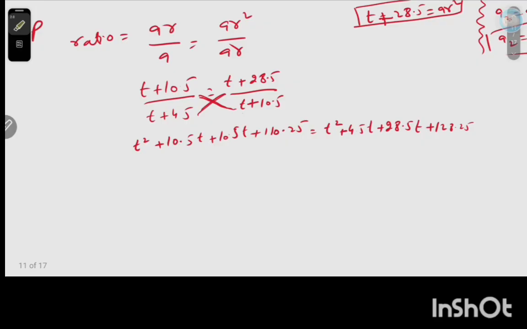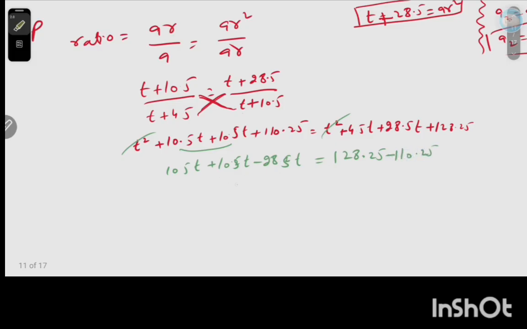All these terms cancel, and we have to solve the rest. All the t terms will go to one side: 10.5t plus 10.5t minus 28.5t minus 4.5t, and similarly the constants, 128.25 minus 110.25.